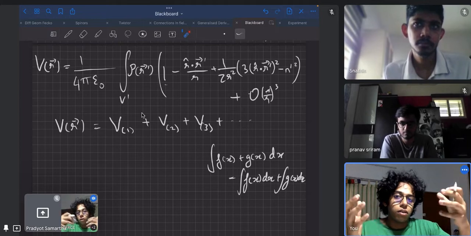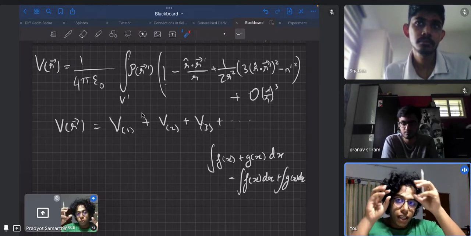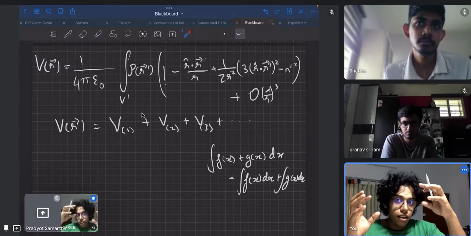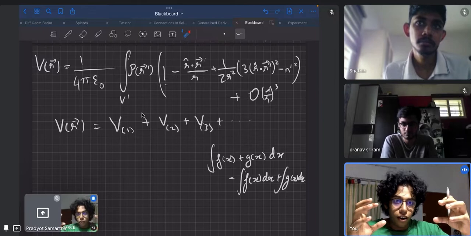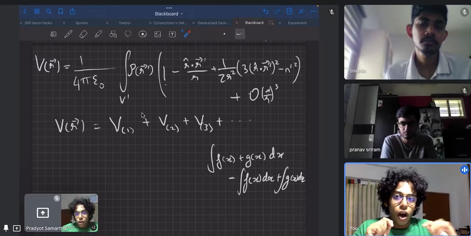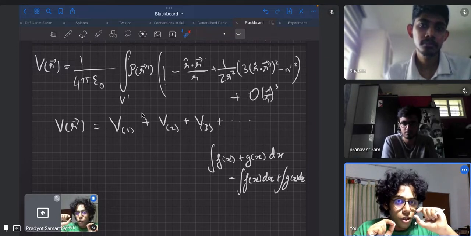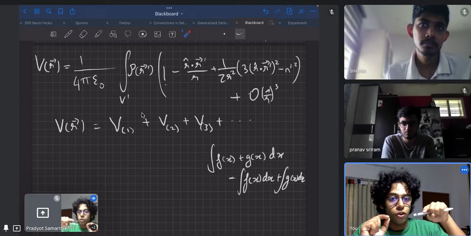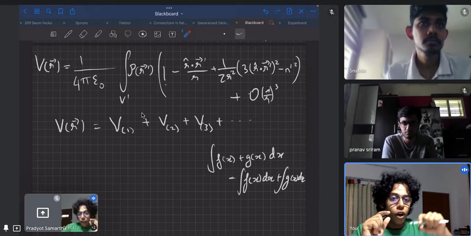By expanding the r minus r prime, you have broken that problem down into the problem of a localized point-like charge distribution. So you have n charges.